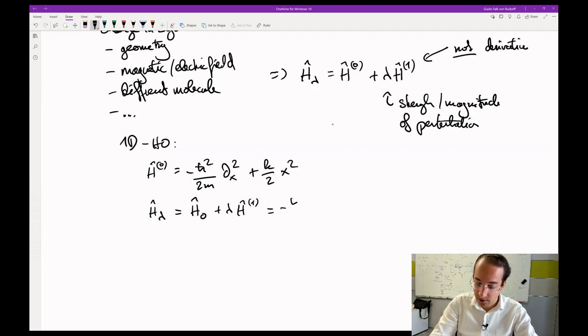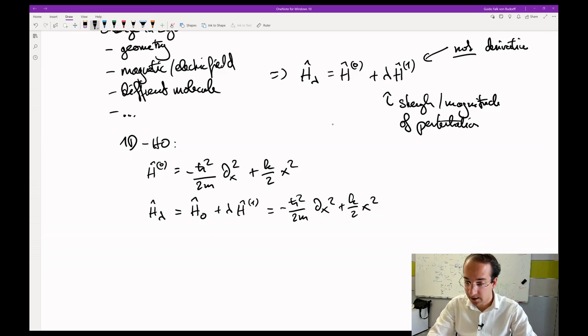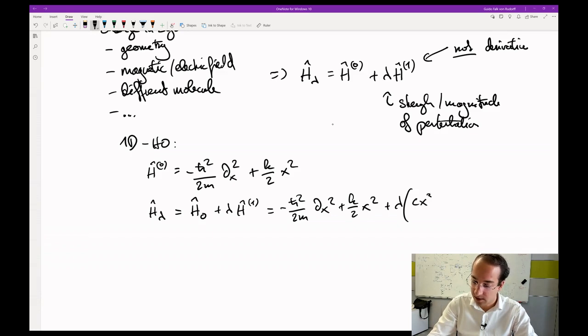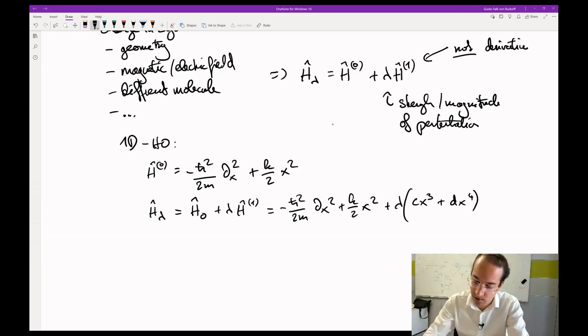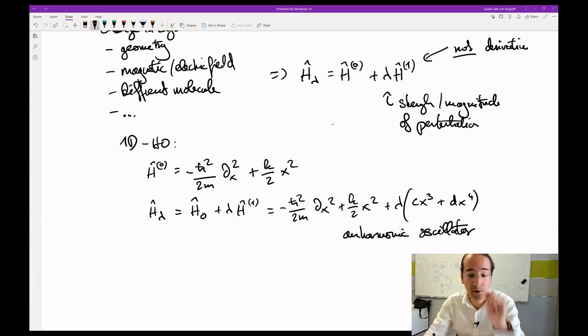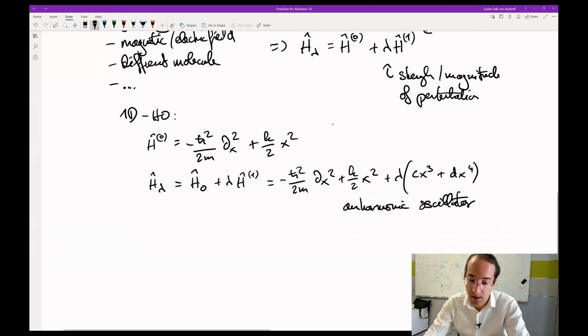And that could be, for example, in this case, the same expression as what we had before, k half x squared plus lambda h1, that could be, say, adding a cubic and a quartic term. And this then would go towards an anharmonic oscillator. We will come back to this particular expression later on.